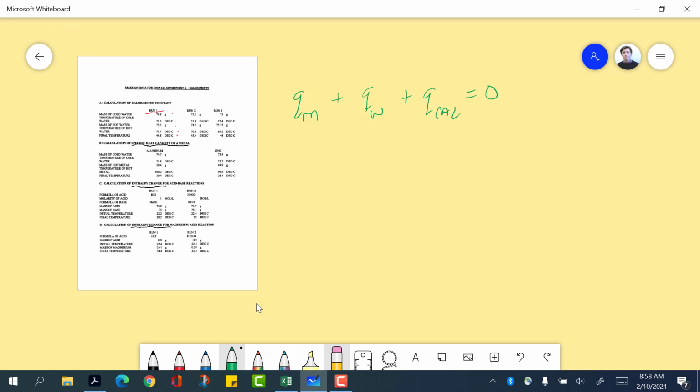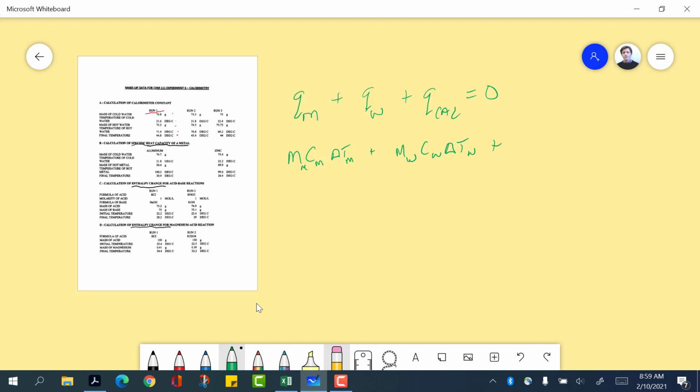And now, how do we find this? Well, if we put in what we know, the heat of the metal is the mass of the metal times the specific heat capacity of the metal times the change in temperature of the metal, plus the mass of the water times the specific heat of the water, we know that, times the change in temperature of the water.